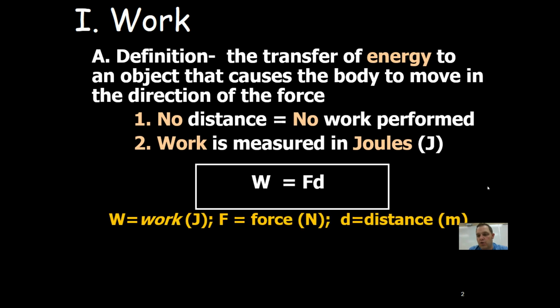Mr. Foss would argue a ton that knowing your units is important. So that bottom yellow part tells you work is in joules. Force we've done before, but that's a reminder it's in newtons, and distance is in meters. Once again, if you're working in your packet, this definition is number 8. So pause if you need to.